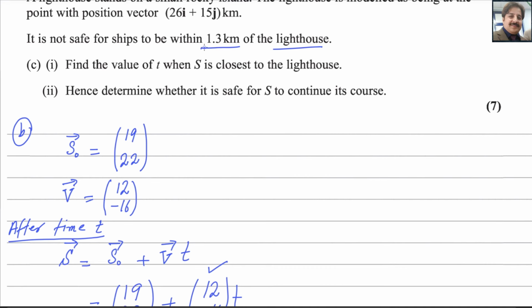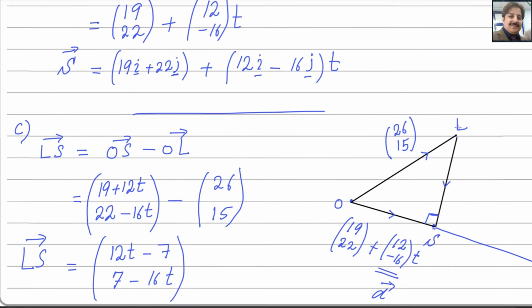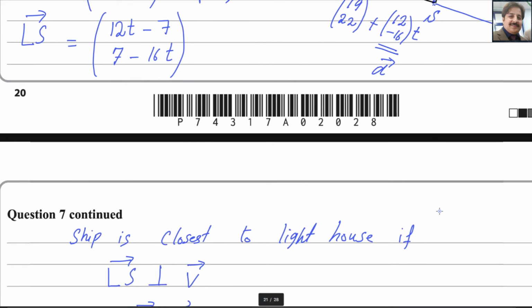If the distance is more than 1.3 kilometers, then it is safe. If the distance between L and S is less than 1.3, then it is not safe. First of all find LS, plug in the value of t over here, we will get the vector LS.